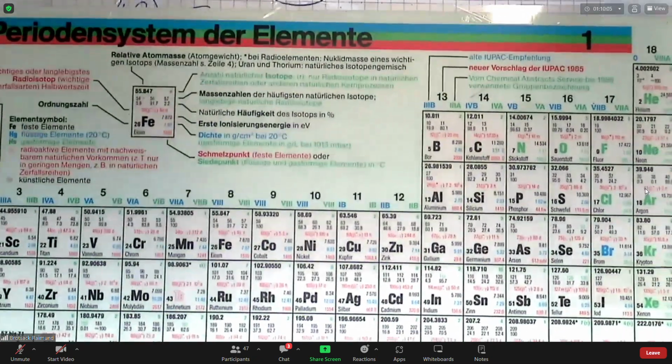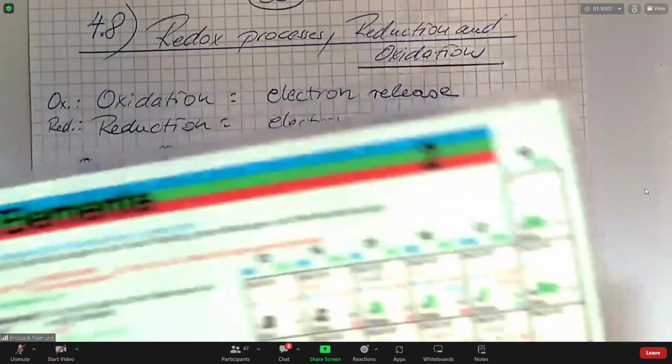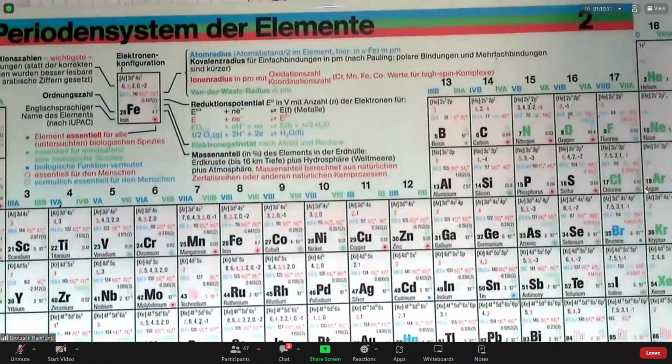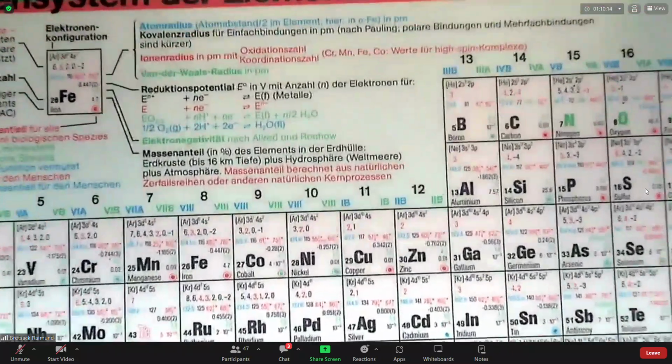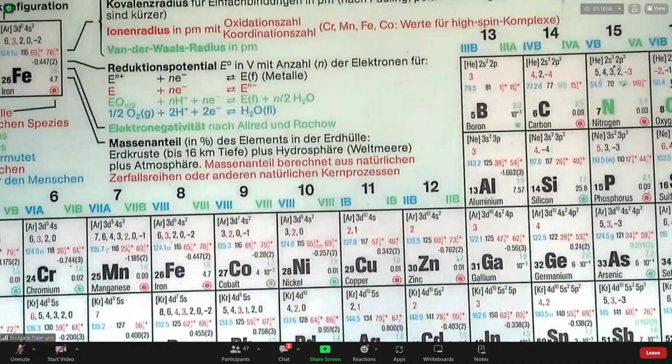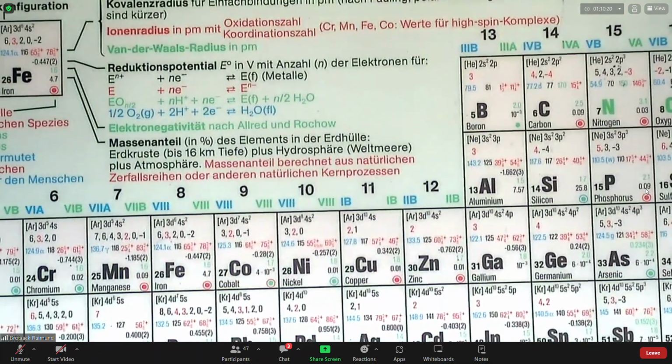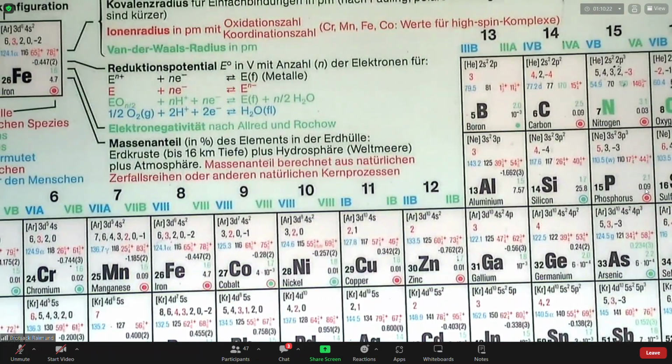We have here on the other side all options in the field of oxidation numbers for iron. It could be quite a lot. It could be -2. It could be 0, of course. It could be +2, +3, and +6. The most common which we will find in nature is +3.